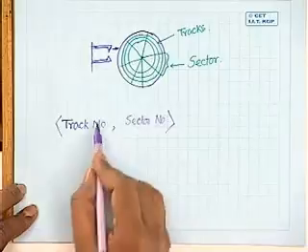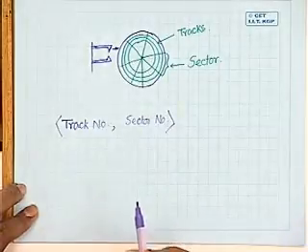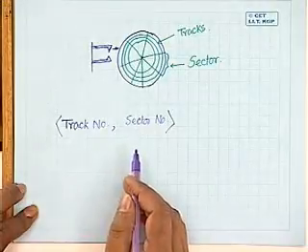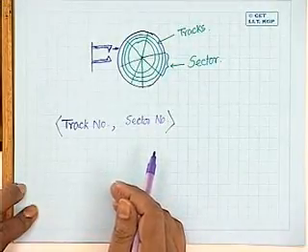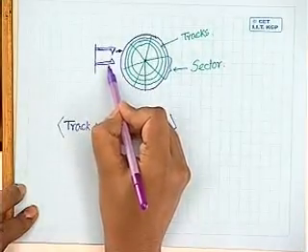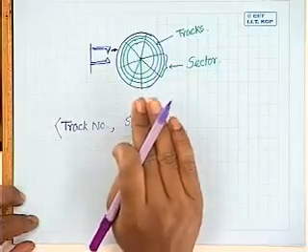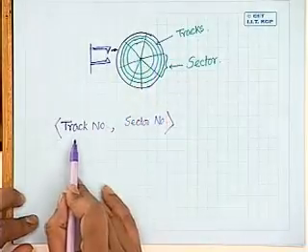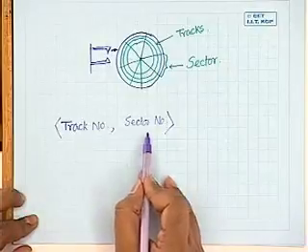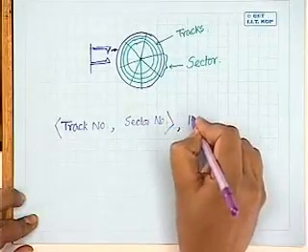So in case of a double-sided disk, only track number and sector number is not sufficient. I have to have another component of the address, which is the head number. Maybe this is head number 0, this is head number 1. If you access a particular block on the top surface of the disk, then I have to have head number 0, then some track number and some sector number.